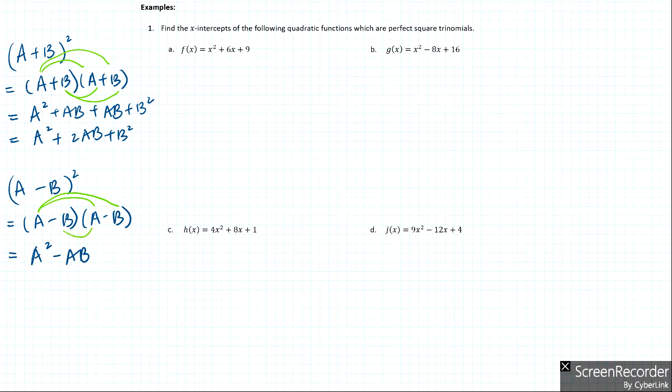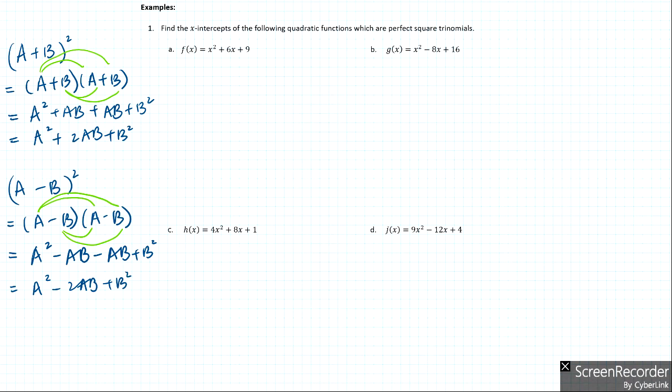For the same reason as before, we can switch the order of a and b, and that becomes negative ab again. And last, negative b times negative b becomes positive b squared. Combining like terms, the result is a squared minus 2ab plus b squared.